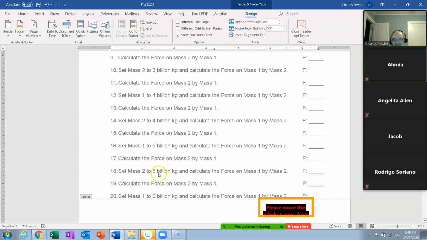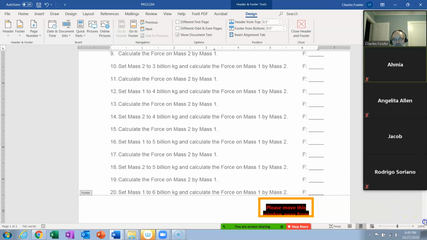That was number 18. How about 19? Same masses, same distance, same everything, equal and opposite. So if you wanted to be putting some of these plus and some minus, that would be fine, but you don't need to. We're just doing the magnitude of the force, same thing, 104, right?